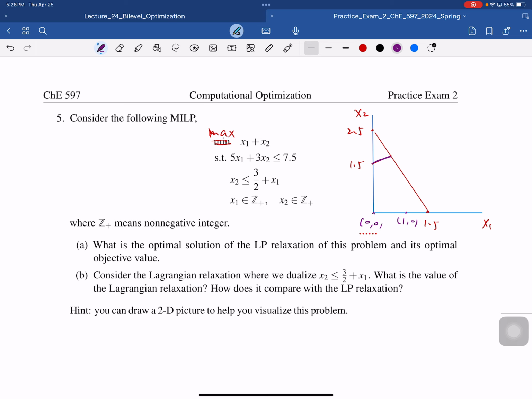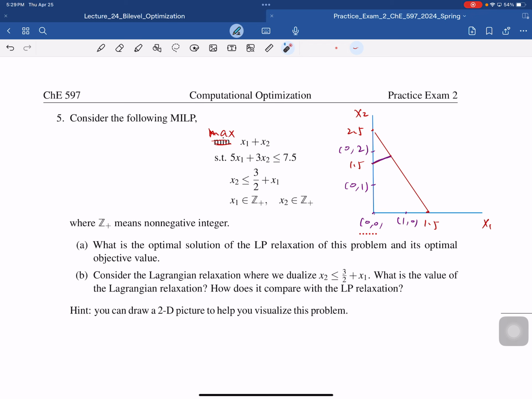Maybe this is (0,1), and (0,2) is also a feasible point. (1,1) is not a feasible point, because when x1 equals 1 and x2 equals 1, the first constraint is greater than 7.5. So there are 4 integer feasible points.